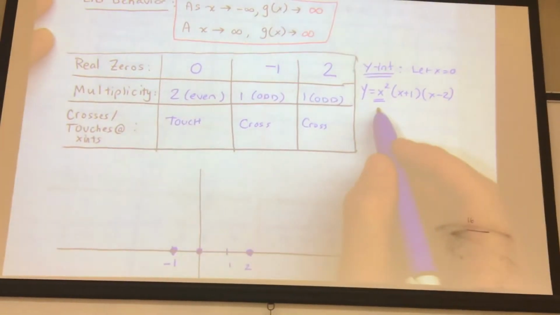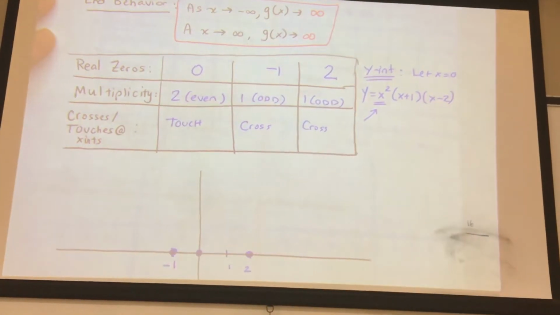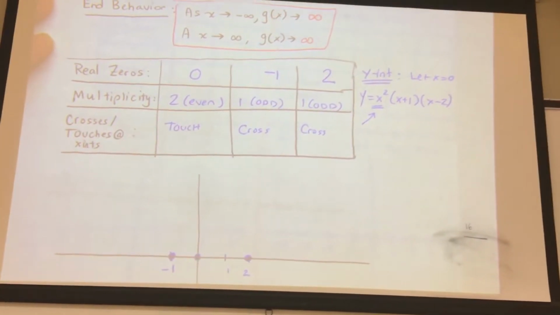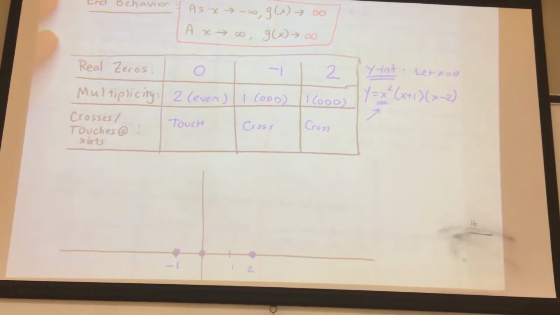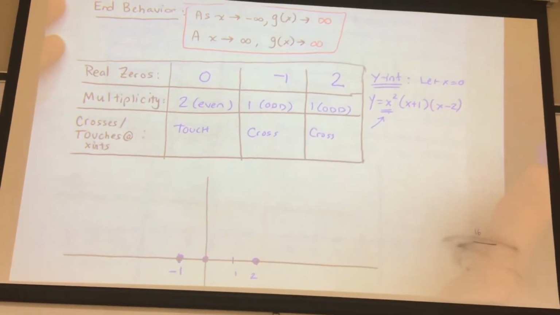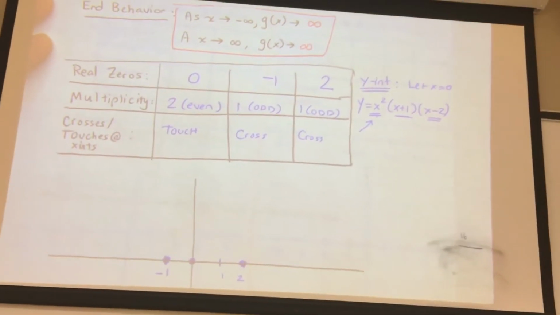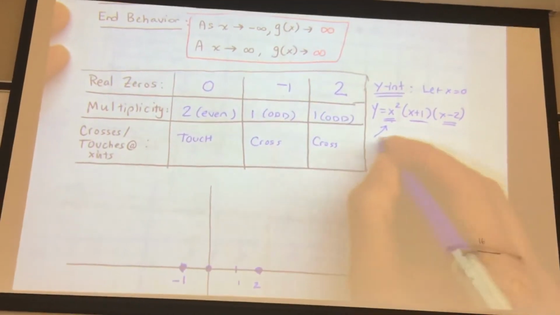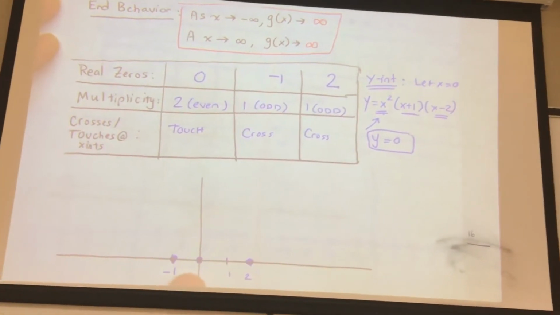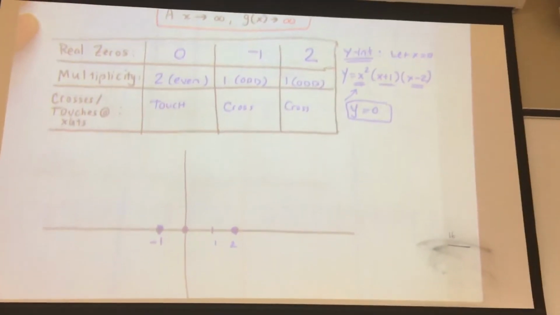So we're really fortunate when I am looking for a y-intercept and I have a term in front with an x, or an x to a power. That is going to be my y-intercept of 0, isn't it? Because if I let this be 0, the whole thing dies, doesn't it? So it doesn't matter that I get a 1 here and a -2 here, it's still multiplying by 0. Okay, so my y-intercept, you may have already seen that, right? That was the y-intercept. It was right in front of us. But I wanted to show you that you could have found it that way as well.